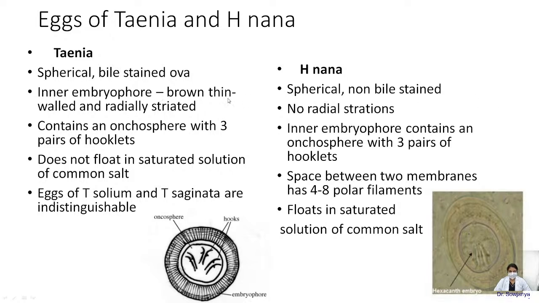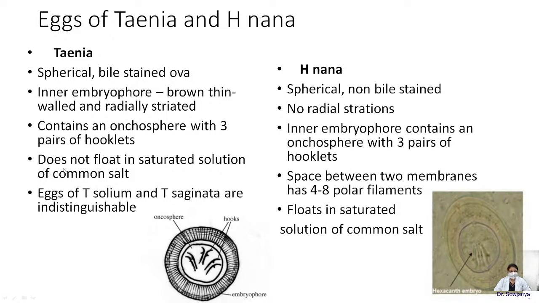The inner embryophore is brown and thin-walled, which has radial striations. These radial striations are not seen in the H. nana egg. It contains an oncosphere with 3 pairs of hooklets in Taenia, and similar in H. nana also.